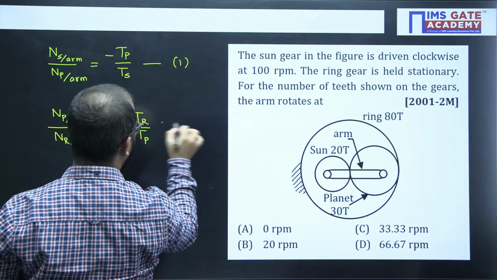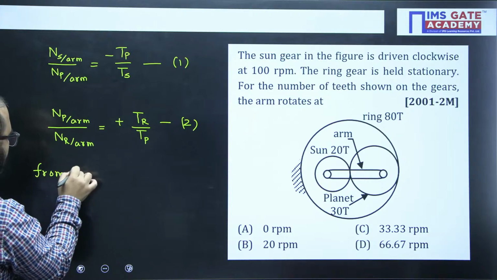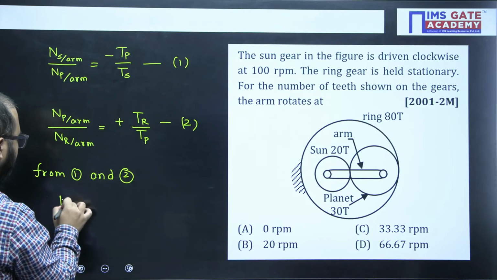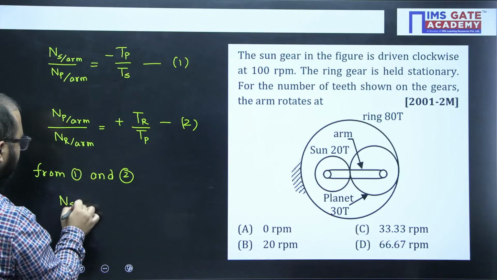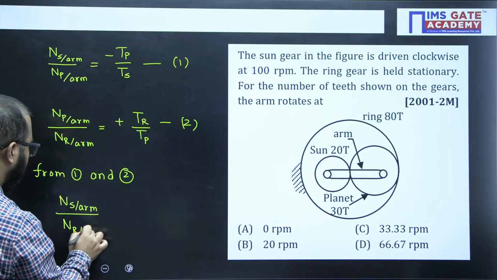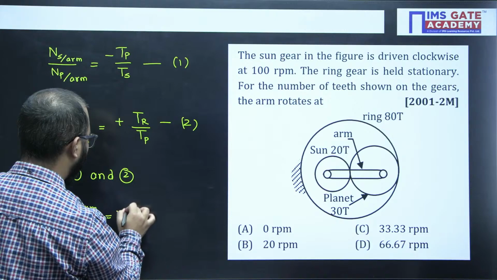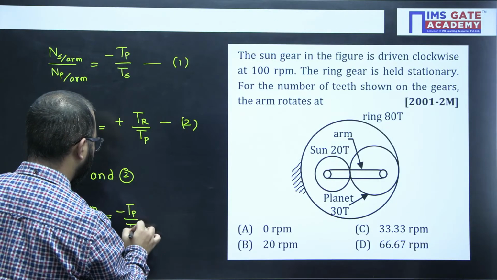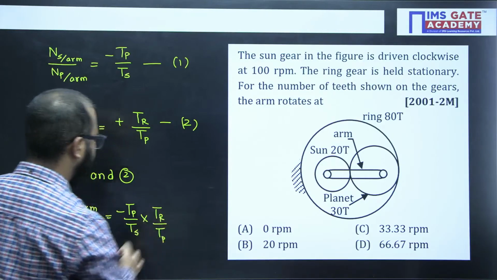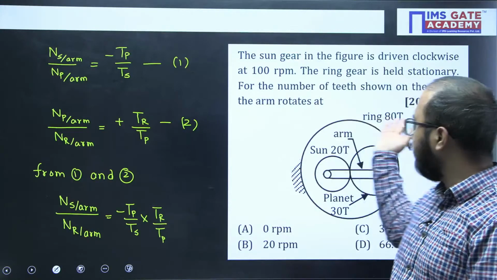Just multiply these two relations, 1 and 2. We can write speed of sun with respect to arm over speed of rotation of ring with respect to arm equals minus Tp by Ts multiplied by Tr by Tp. Easily we'll get the answer for the arm.